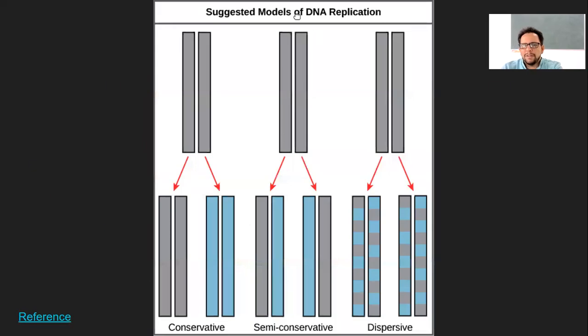Let's say, for example, this is the semi-conservative method. At the first generation, these gray ones are, originally, N14, right? All the nucleotides had N14.